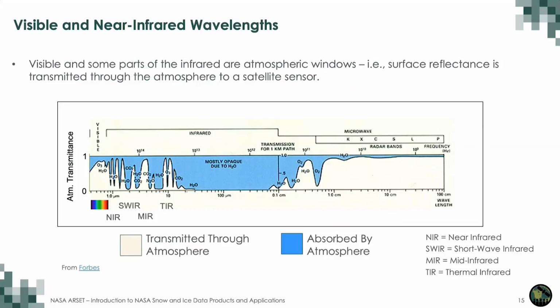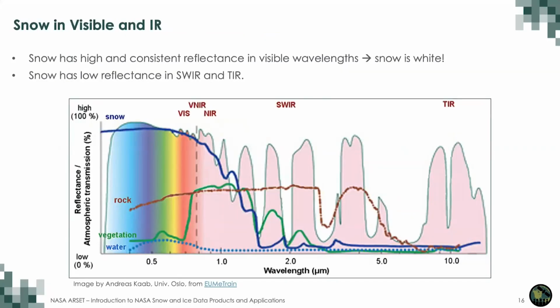There are certain regions in the visible as well as the near infrared and shortwave infrared where we can get surface retrievals through the atmosphere, except through clouds. And the thing with snow cover in the visible is that it has very high reflectance, and it's an atmospheric window that transmits through.